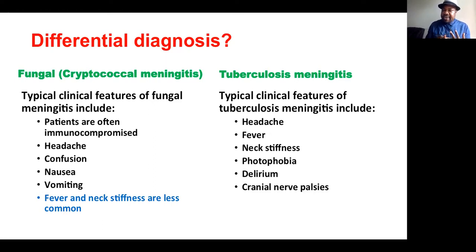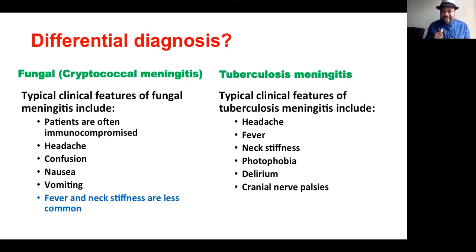They can have headache, confusion, nausea, and vomiting. So this patient here is immunocompromised. She's HIV positive with a CD4 count of 100. She has been confused for the past 2 months now. She's now starting to have vomiting, okay?